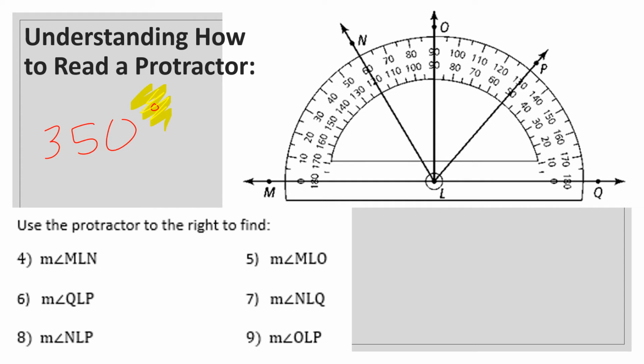So, first off, we are looking for number 4, the angle of MLN. Okay, now how we do that is basically, this is a 0 here, not there.